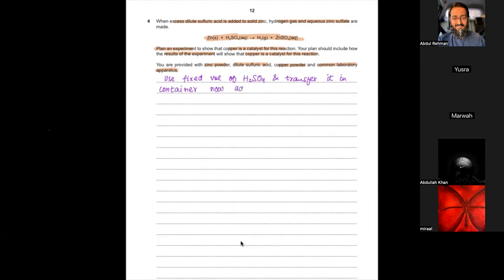Now add a fixed mass of zinc and start the timer. Is this understandable? Yes, sir.